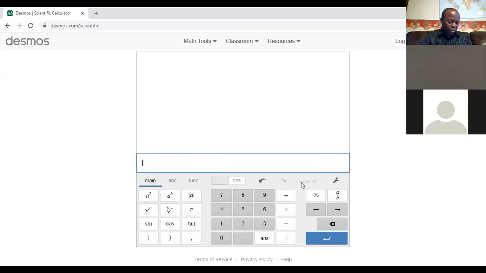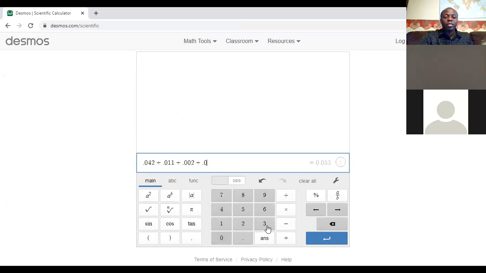So we have 0.042 plus 0.011, plus 0.002, plus 0.000.